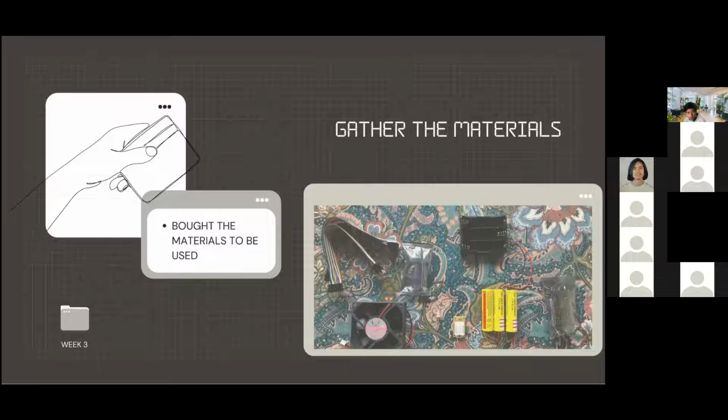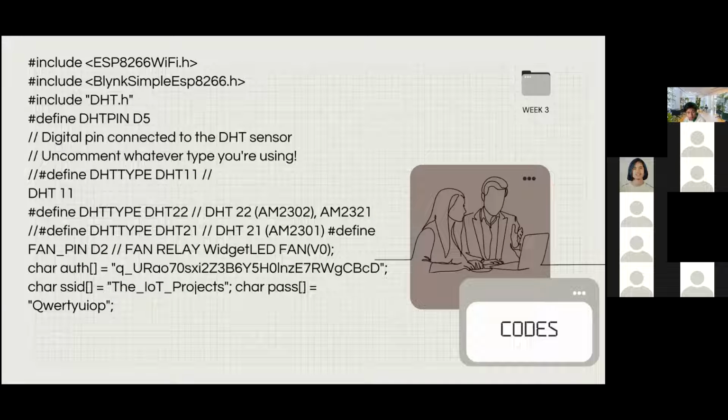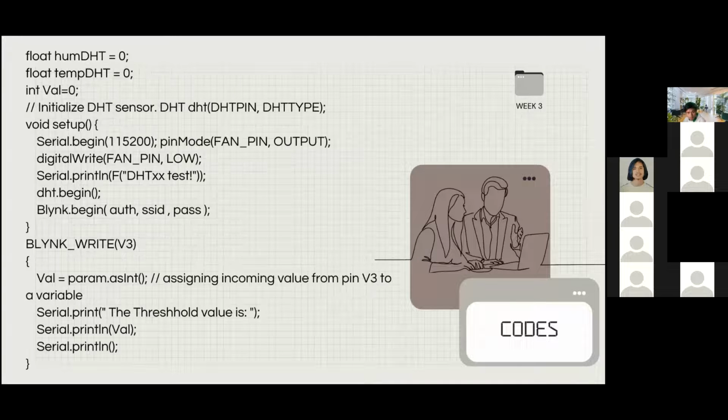And then we now move to the next slide. So here would be a schematic diagram of the temperature reader and the RGB light. We also have the codes for the temperature reader. That is all, sir. Thank you.